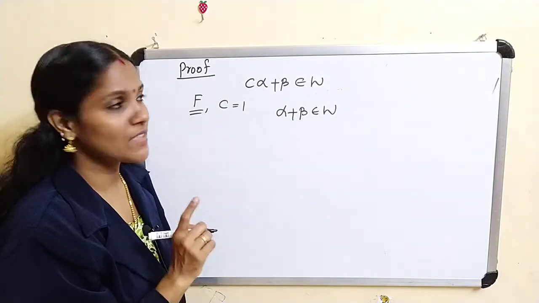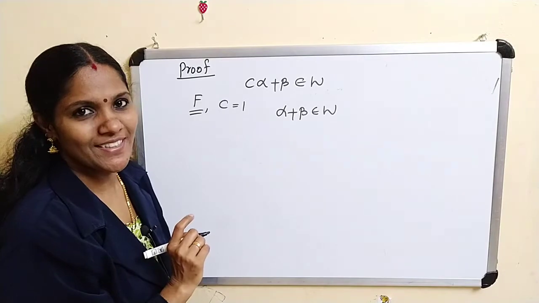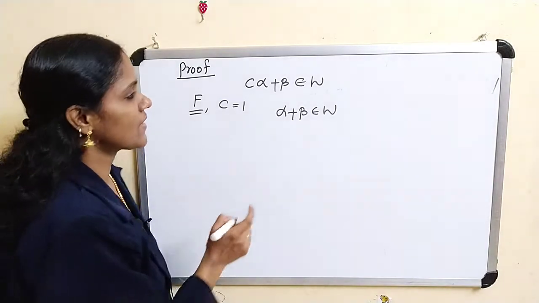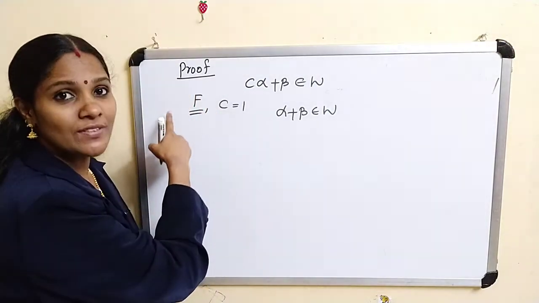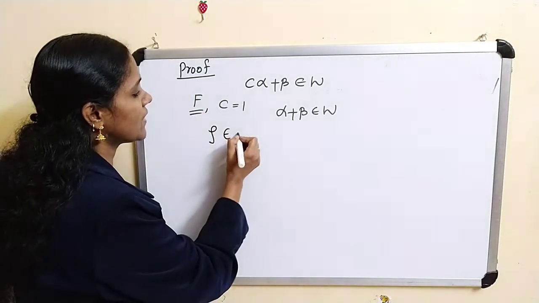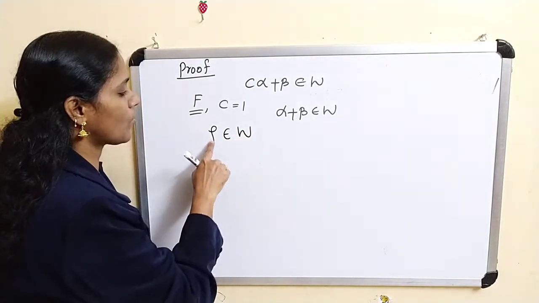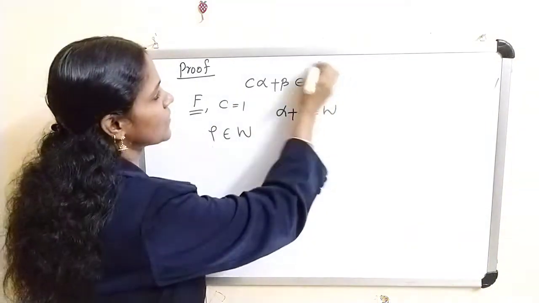Now we have to check whether W is closed under scalar multiplication. Before that we will check whether 0 belongs to W. Given that W is a non-empty set, it contains an element rho that belongs to W. So rho belongs to W and W satisfies this condition.